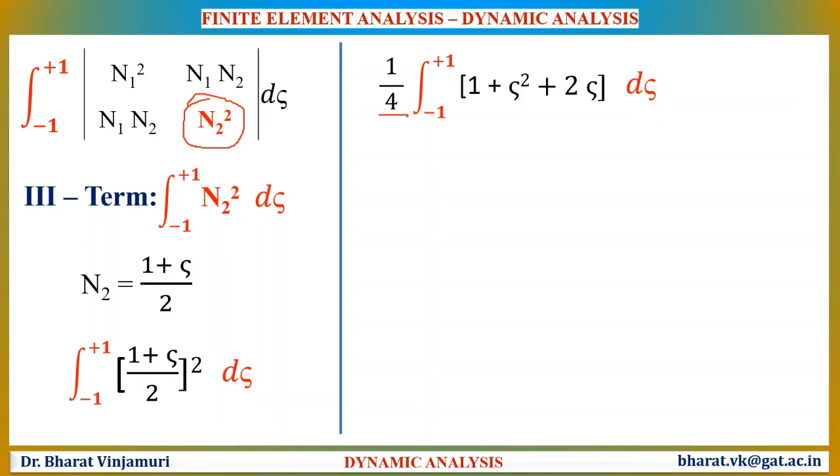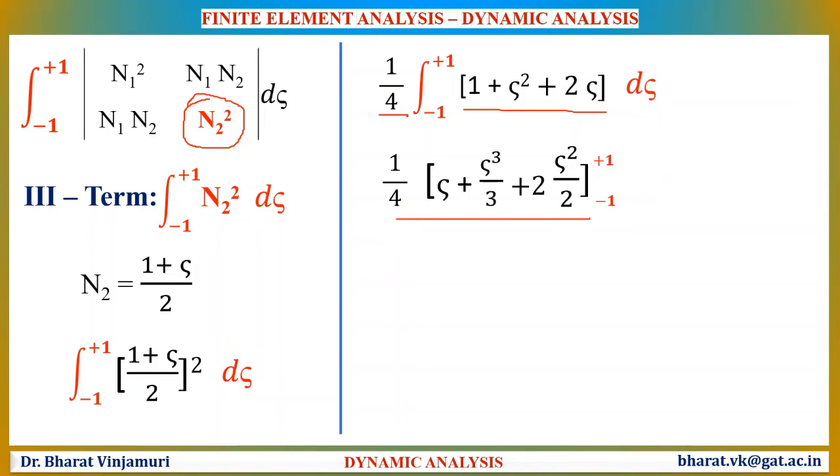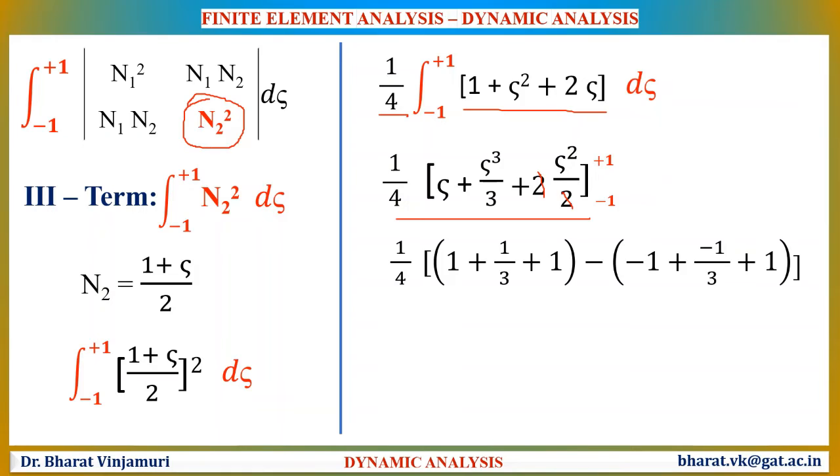Now expanding (1 plus zeta) whole square gives 1 plus zeta square plus 2 zeta. Integrating the above equation will result in the following equation. By cancelling the 2 and 2 and by substituting the limits minus 1 to plus 1, we will obtain the value of the third term, that is N2 square.